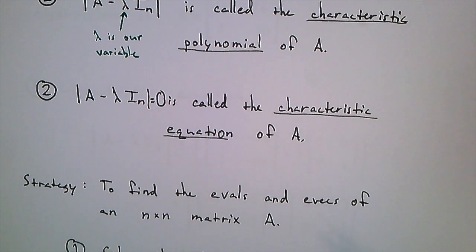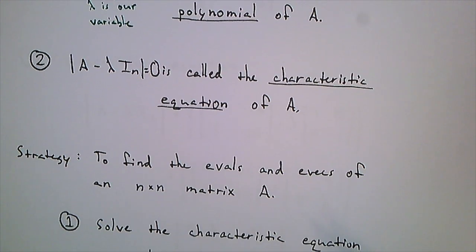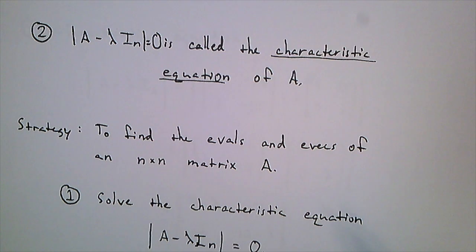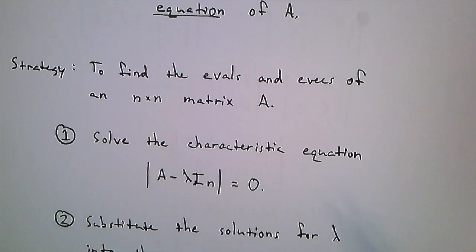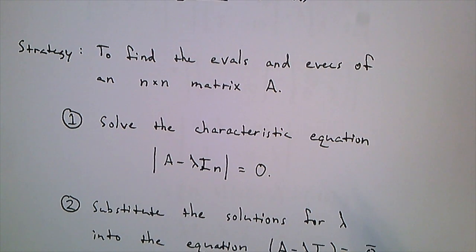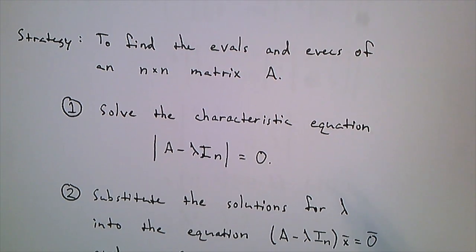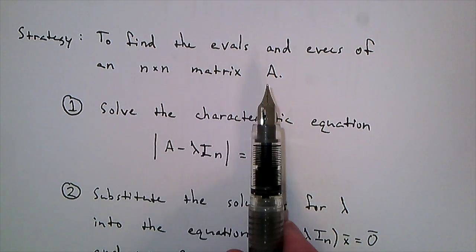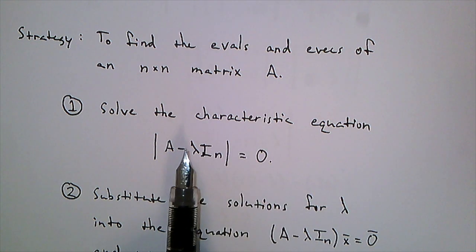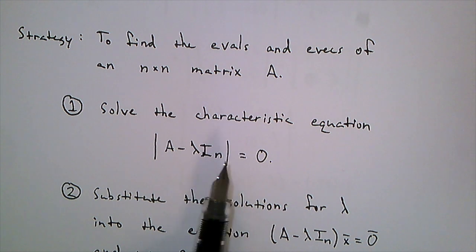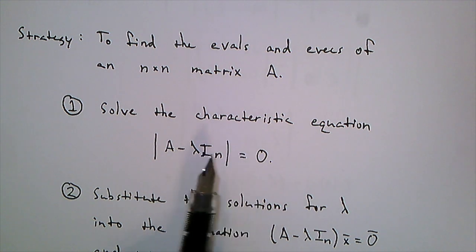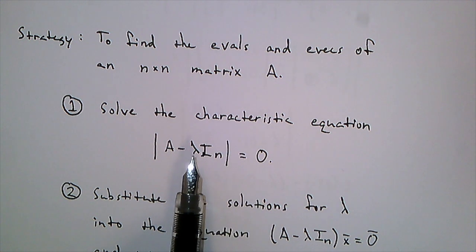So to compute eigenvalues and find the corresponding eigenvectors, we have a strategy after this discussion. So the first thing we'll have to do for a given matrix A is to solve the characteristic equation. So you'll have to compute this determinant, set it equal to 0, and then solve for lambda.